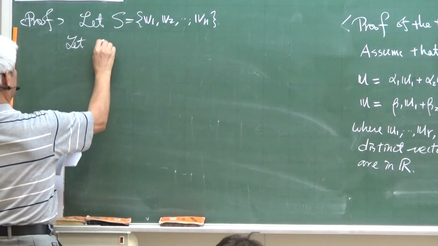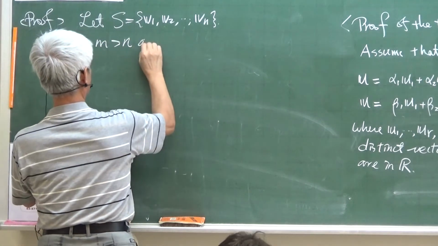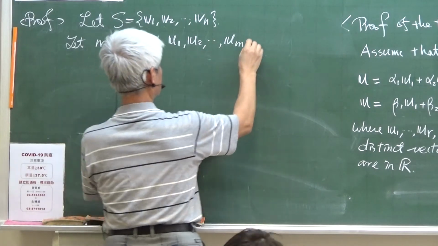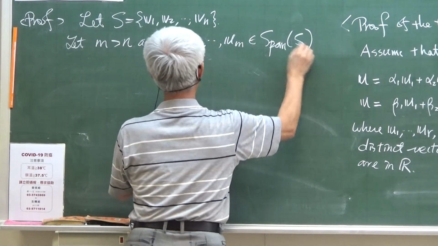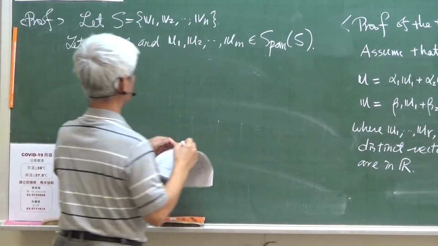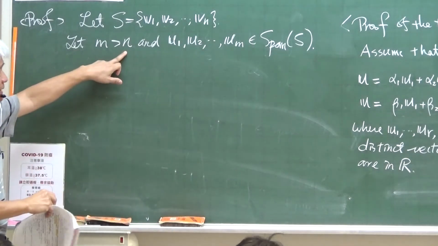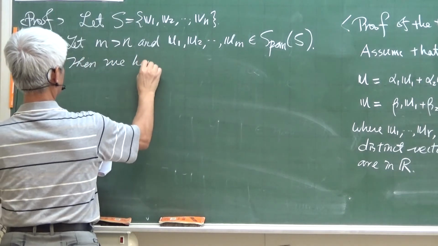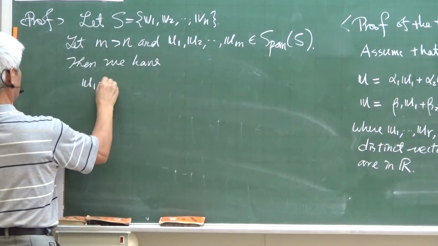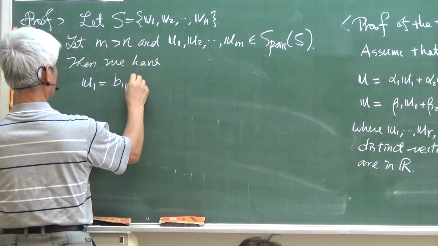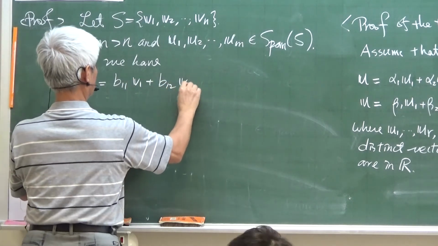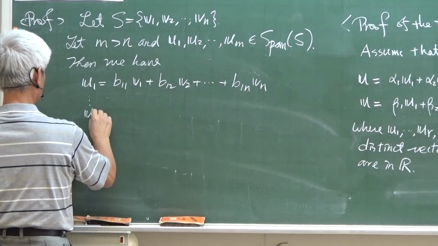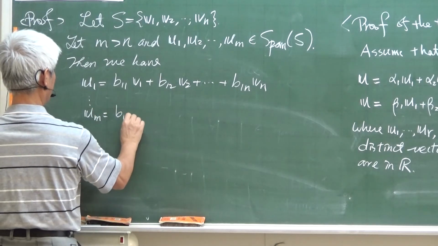And let m be greater than n, and we pick up U1, U2 up to Um vectors in the span of X. So we pick up m vectors, and m is bigger than n, from the span of X. Because they are in the span of X, we have U1 equal to b11 V1 plus b21 V2 plus up to bn1 Vn, and up till Um, which is b1m V1 plus b2m V2 plus up to bnm Vn.